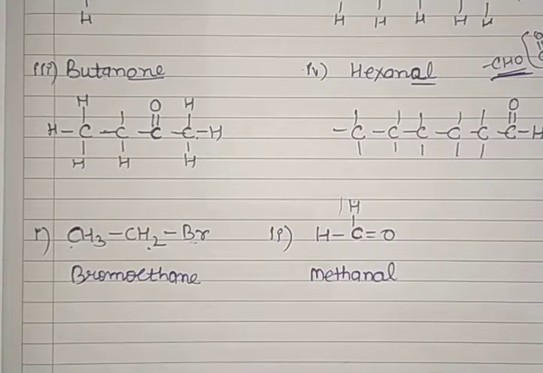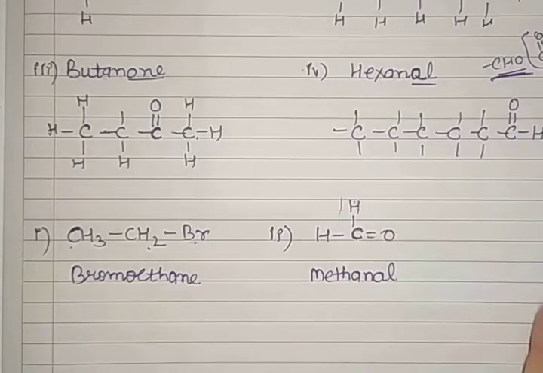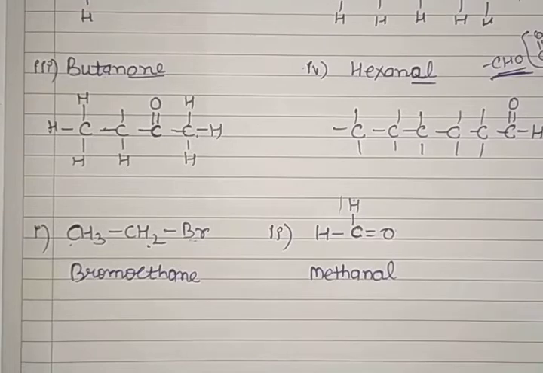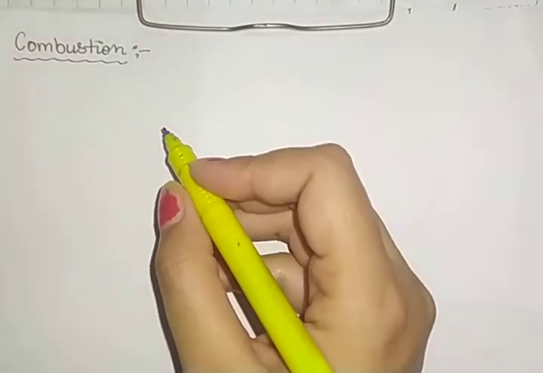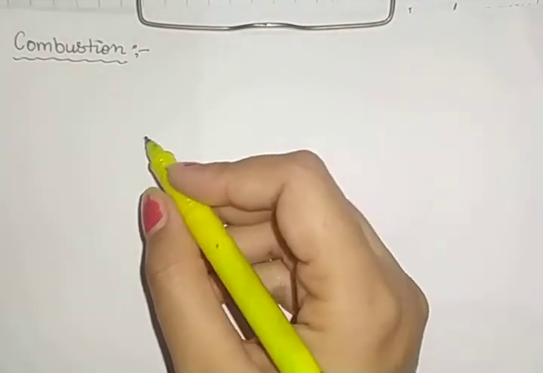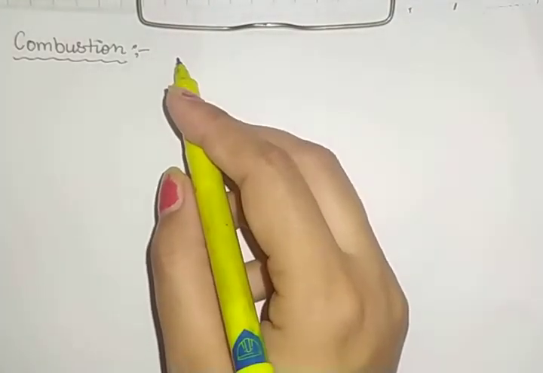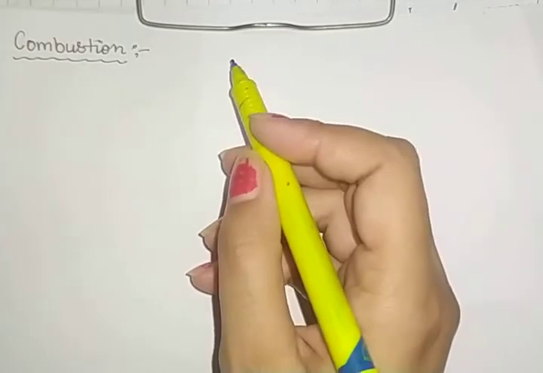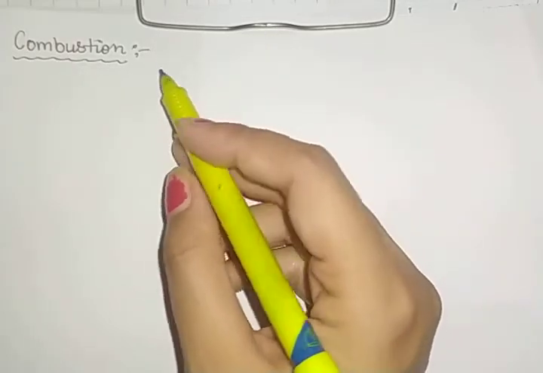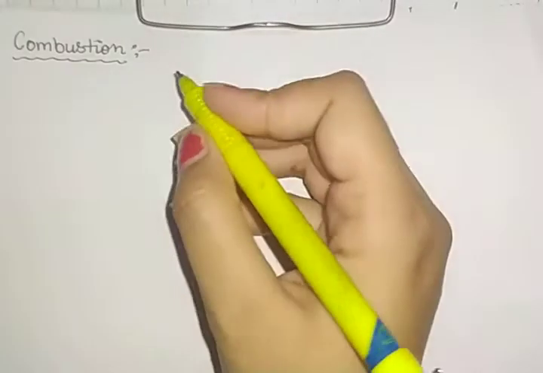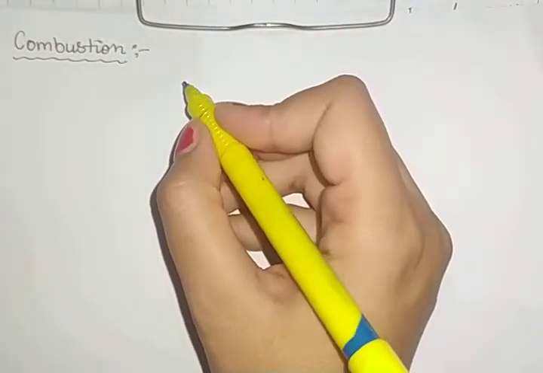Clear? Next we have the chemical properties of carbon compounds, in which the first reaction is combustion. As you all know, we have three allotropic forms of carbon: graphite, diamond and fullerenes. All the allotropic forms burn in oxygen and give carbon dioxide. What does it mean?